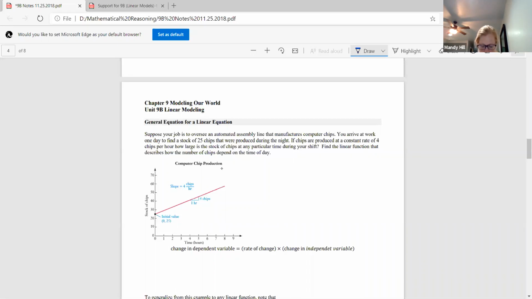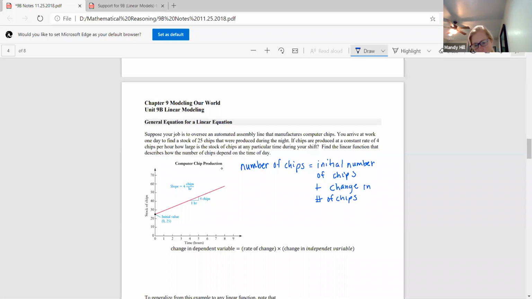First, let's describe the stock of chips at any particular time with a word equation. Okay, so we could say, well, the number of chips is equal to the initial number of chips, so how many we had in the beginning, plus the change in the number of chips.